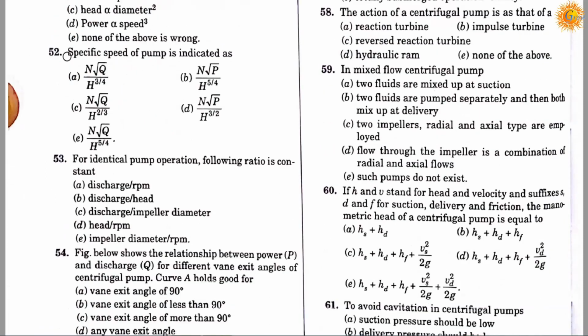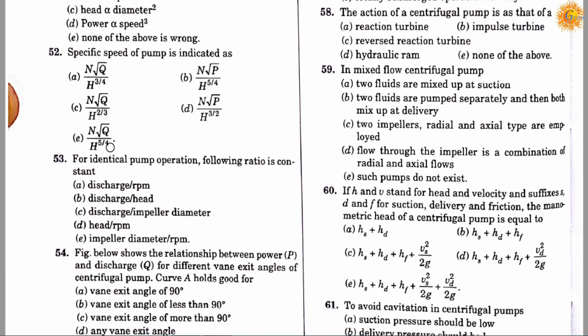Question number 52. Specific speed of pump is indicated as option A N under root Q divided by H power 3 by 4, option B N under root P divided by H power 5 by 4, option C N under root Q divided by H power 2 by 3, option D N under root P divided by H power 3 by 2, and option E is N under root Q divided by H power 5 by 4.